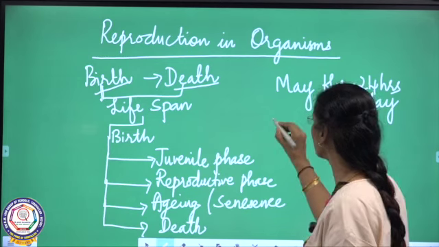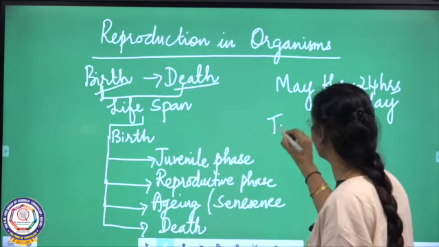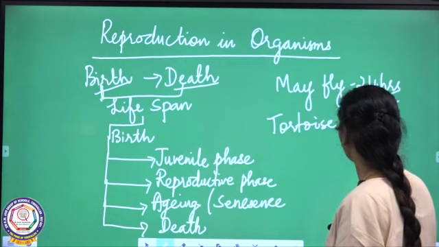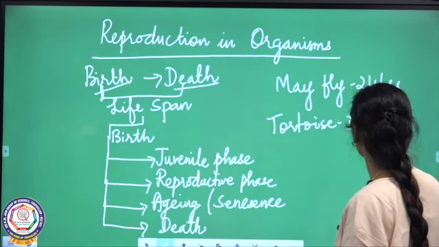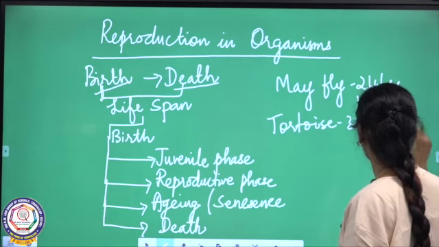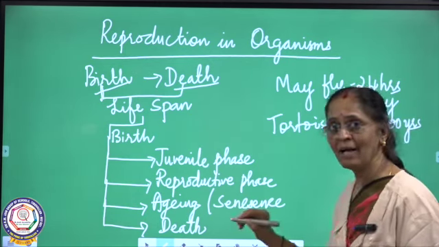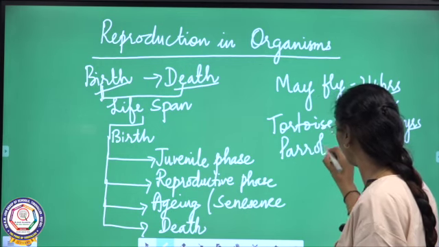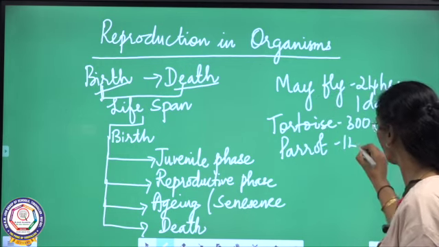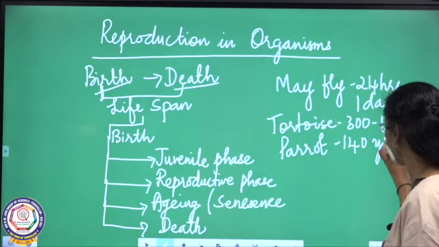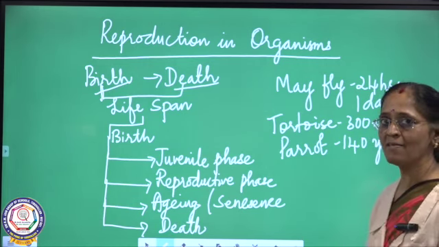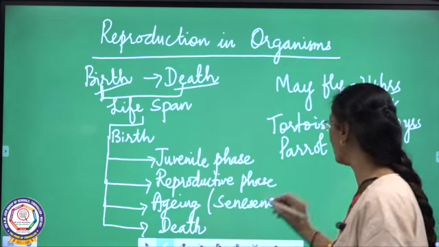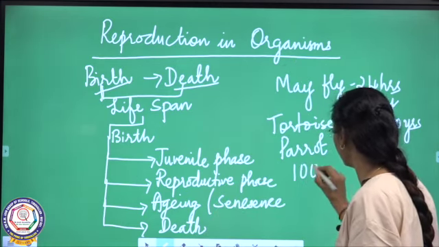And the longest lifespan we will see in tortoise, 300 to 400 years. Parrot has a lifespan of 140 years. And human beings 100 years, and some plants it goes for 1000 years.